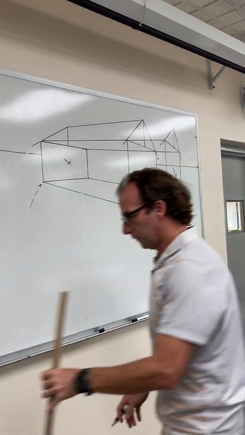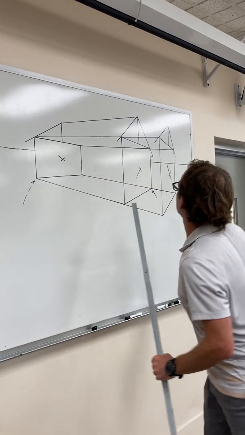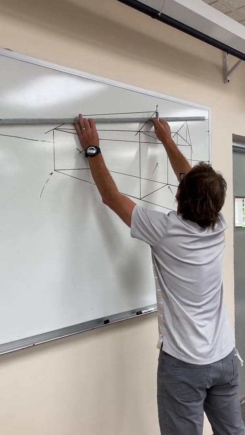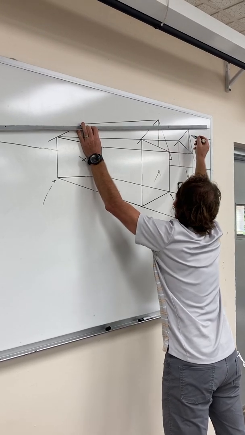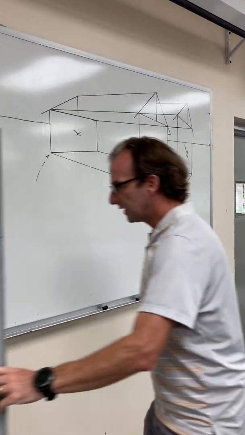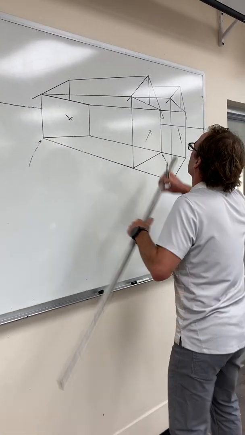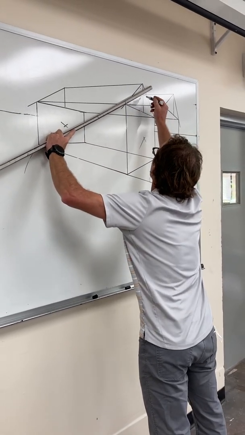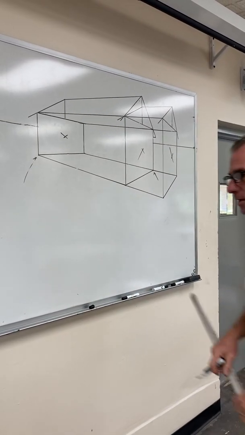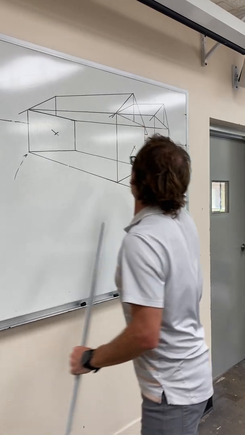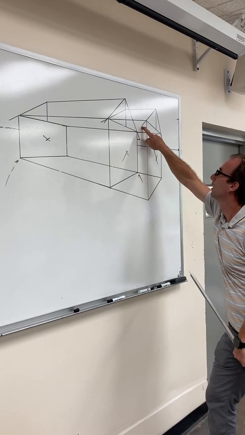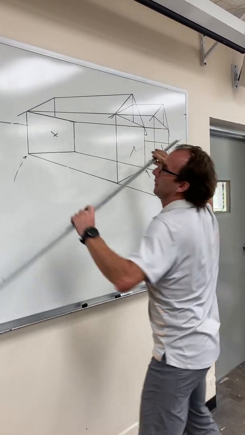Okay? Then I'm going to go from the vanishing point back to the ridge of the new roof and stop when I get to the gable. Stop right there. Okay? Now, I'm going to create the rake of my new roof, which is the garage. Run that down like that. Okay? Next thing I want to do is I want to draw the overhang. So I'm going to go from my new overhang right here on the roof of the garage back to the vanishing point.